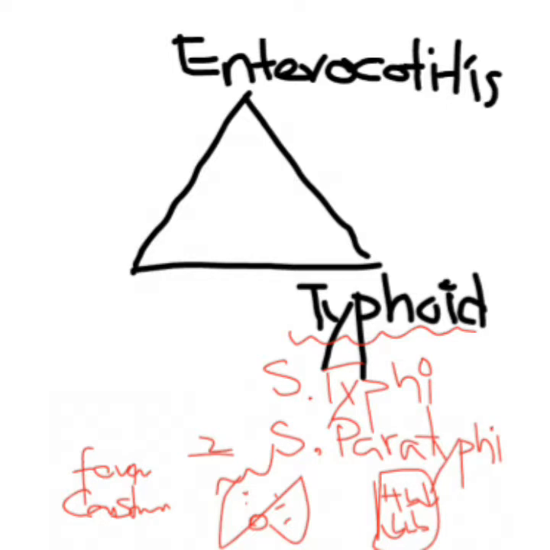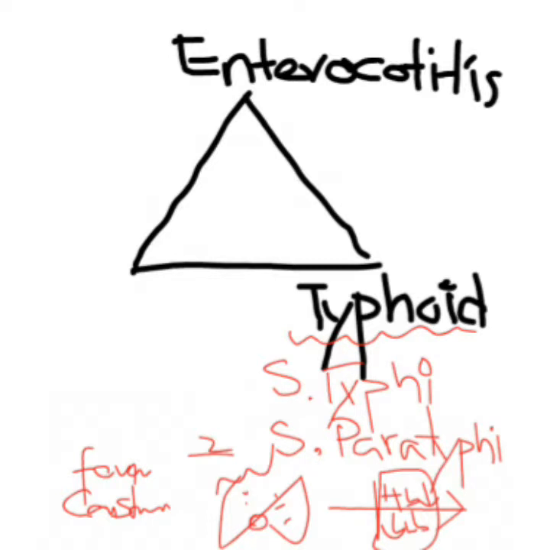Now, if the disease continues after the second week, the patient has entered a danger state, which is the complication week. In this stage, there will be an intestinal perforation or even intestinal hemorrhage.